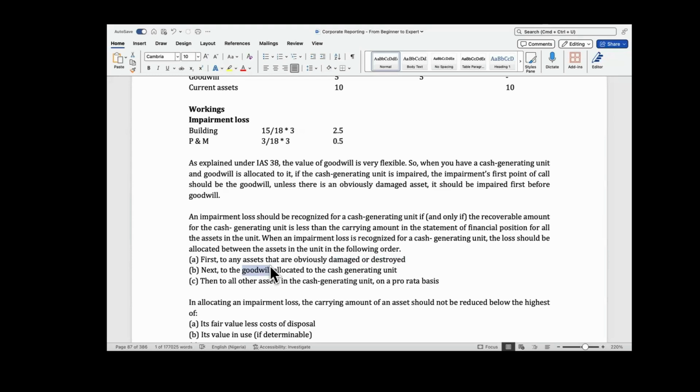So which is why we allocate impairment to it next, in the sense that even if there is a damaged asset and we have impaired that, if impairment loss is still remaining, we believe it should be goodwill that should suffer that because it's highly volatile. And if there is still impairment loss, then you give that to other assets on a pro rata basis. So you see how this works.